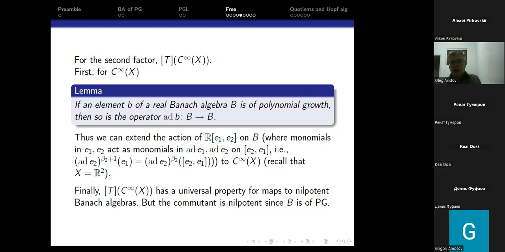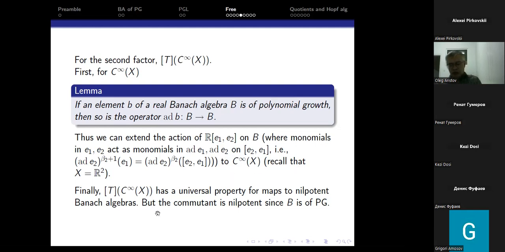Using this, we can extend the action of the algebra of polynomials in E1, E2 on B to the action of C infinity of X. And I recall the monomials in X and the monomials in E1 and E2.